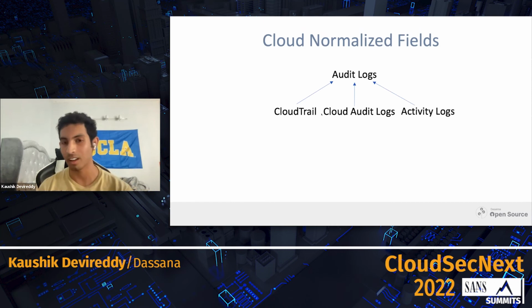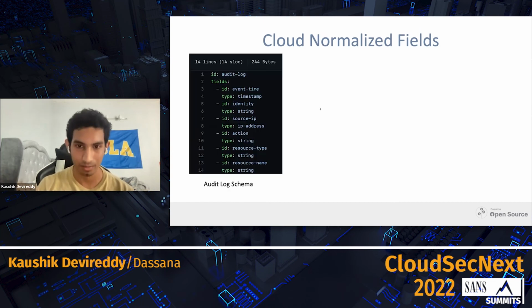They're all audit logs and they all share certain fields. Here are the fields that I found they all share in common. Event time, they all have an identity, they all have a source IP of the identity, an action that the identity took, the resource type upon which the action was taken, and the resource name upon which the action was taken.